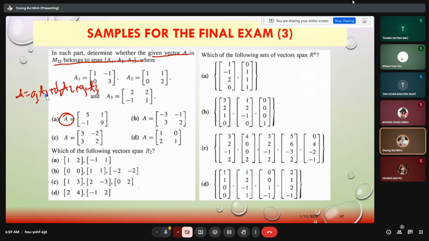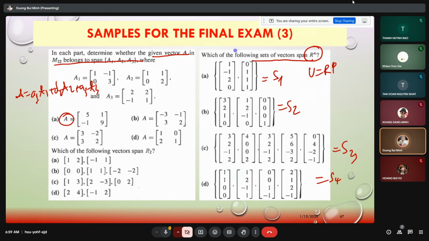And for example, here, which of the following sets of vectors spans R4? Here we have the set S1, set S2, set S3, set S4.